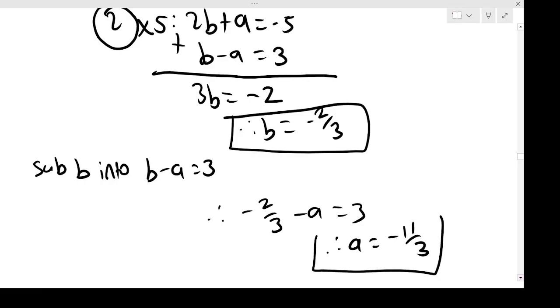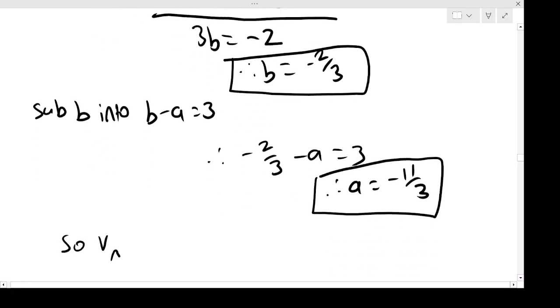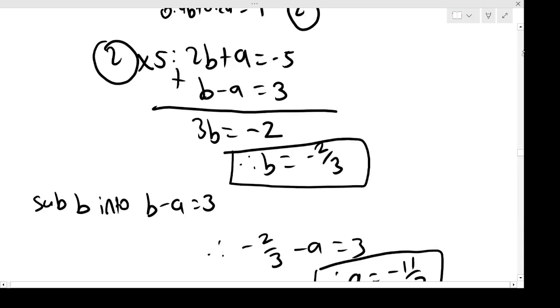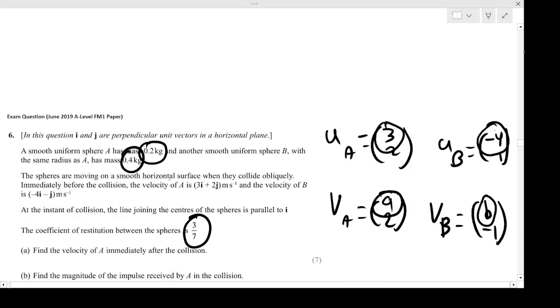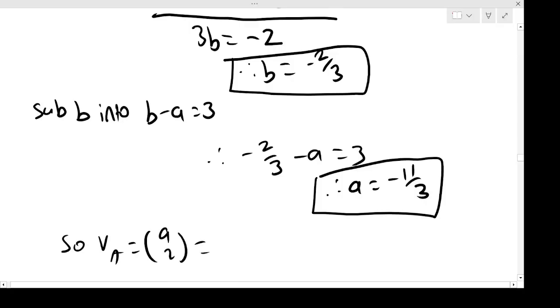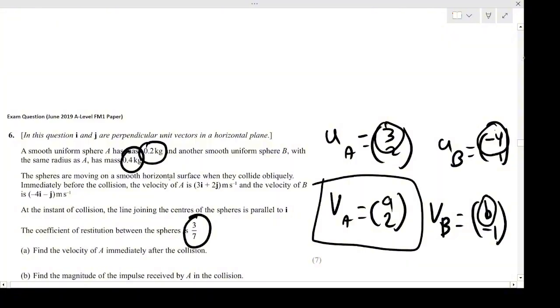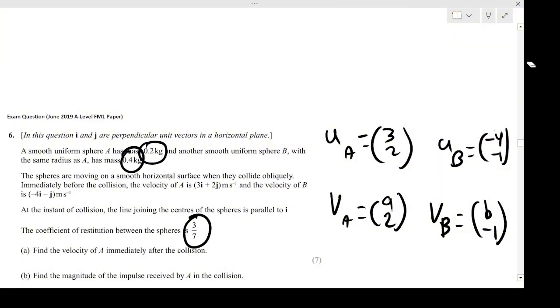And there we are. So to summarise my two velocities, VA firstly, so VA was A2 and A is -11 over 3 and then 2 there, okay, and VB is B -1.